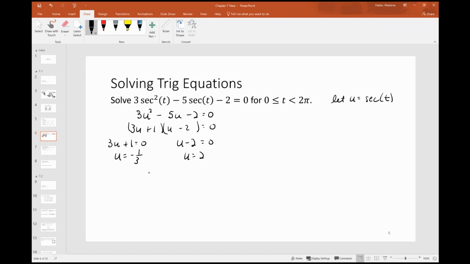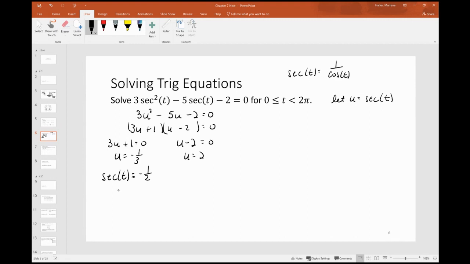All right, let's undo this u substitution. For the first one over here, u equals negative 1/3. We're going to put the secant back in there, and we're going to say the secant of t equals negative 1/3. Well, I don't have an inverse secant function on my calculator to solve for t here, but I do know that there's an identity that tells me that the secant of some angle is equal to 1 over the cosine of that angle.